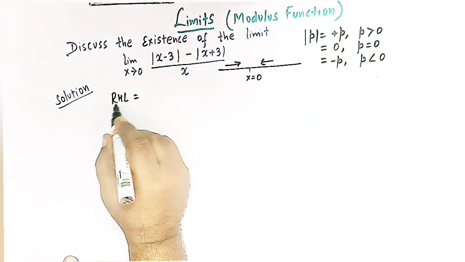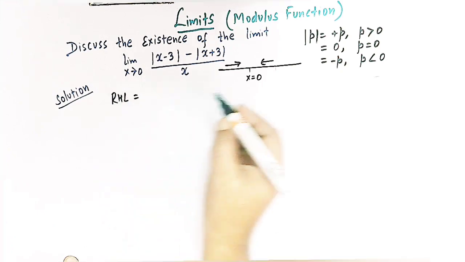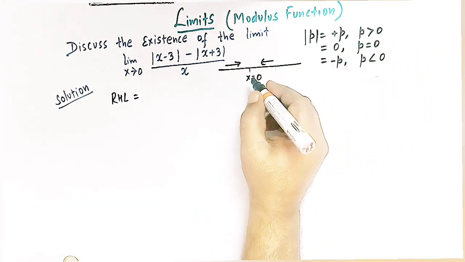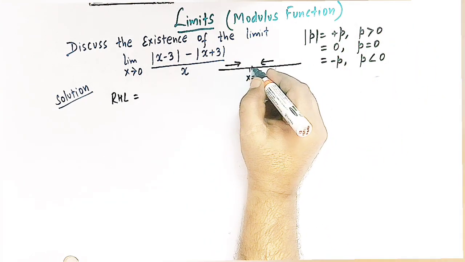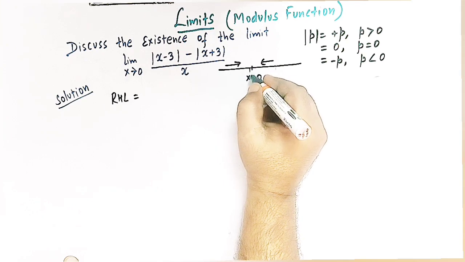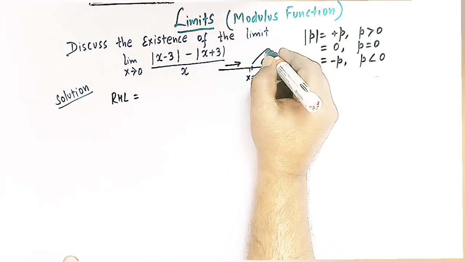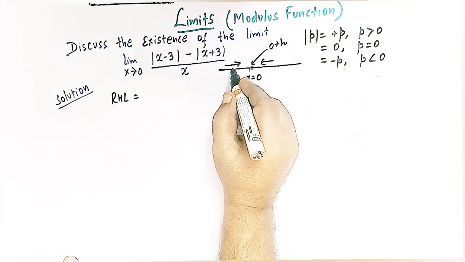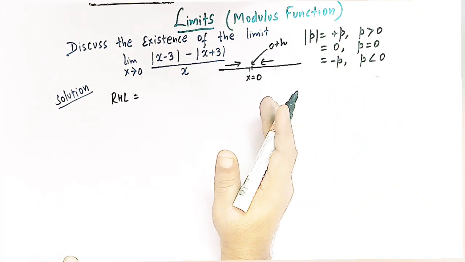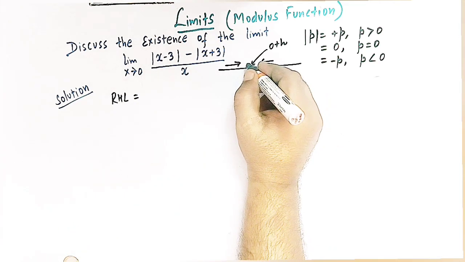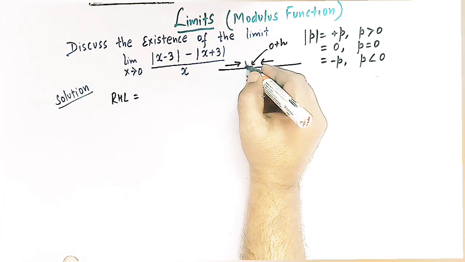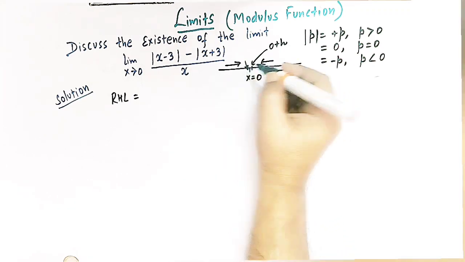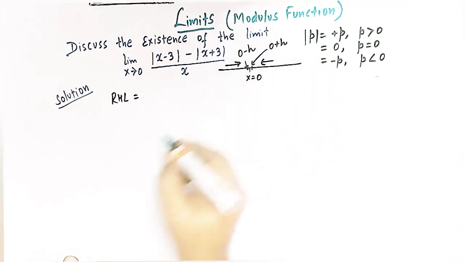So when we find the right hand limit, we move towards x is equal to 0 from the right, and we arrive at a point in the right neighborhood of x is equal to 0, and this point may be taken as 0 plus h. And when we approach x is equal to 0 from the left, we reach a point in the left neighborhood of x is equal to 0, and this point is 0 minus h.